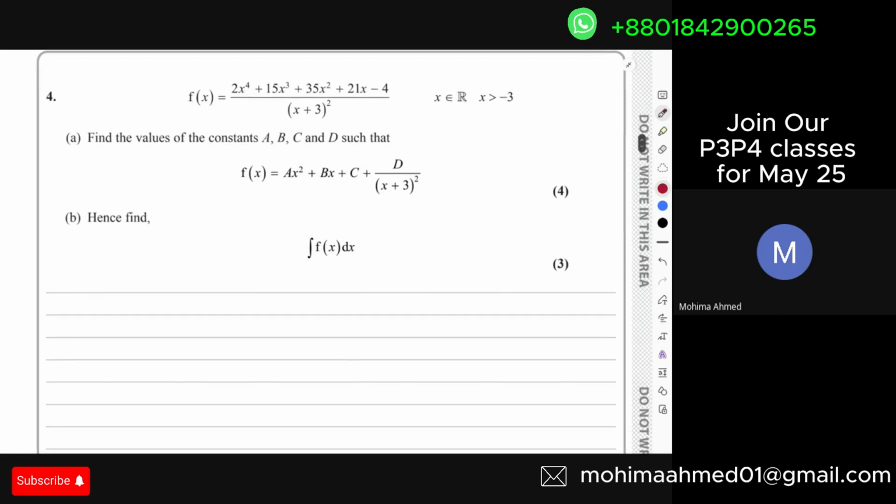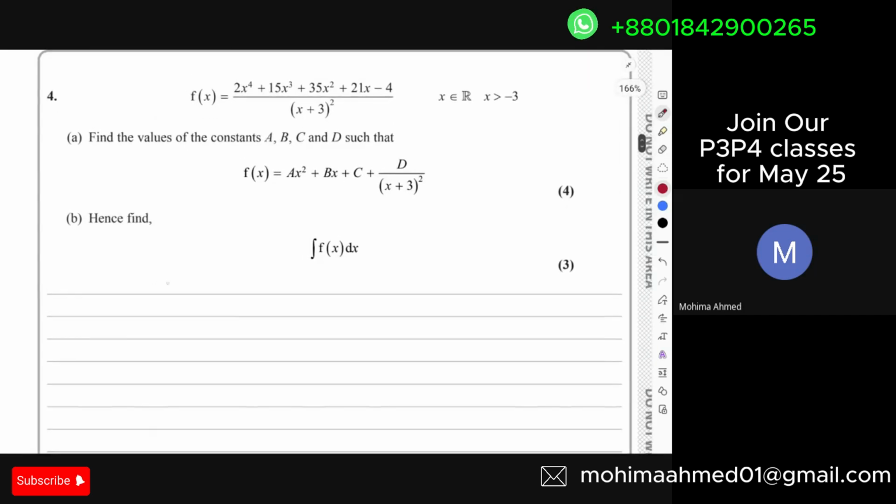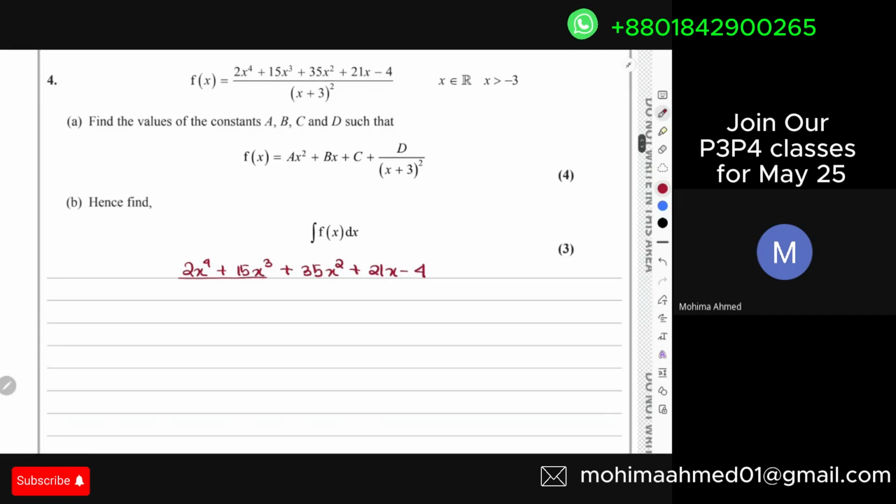Okay, so as I was saying, we basically have the equation 2x power 4 and then 15x power 3, 35x square, and then 21x minus 4. Everything was divided with that x plus 3 whole square, right? When we have x plus 3 whole square, that means x plus 3 and x plus 3.